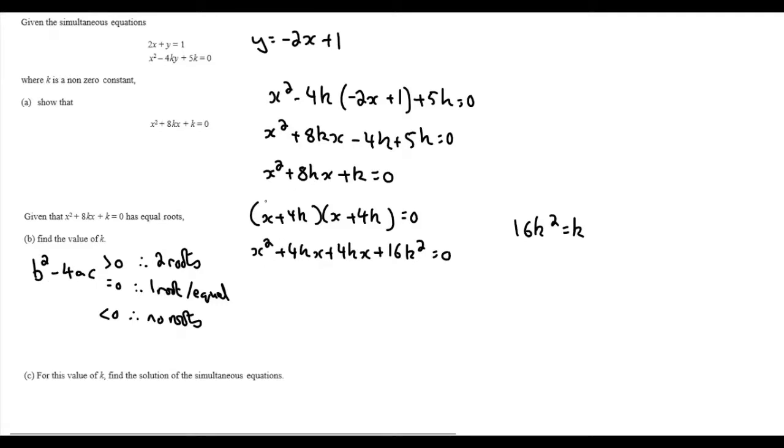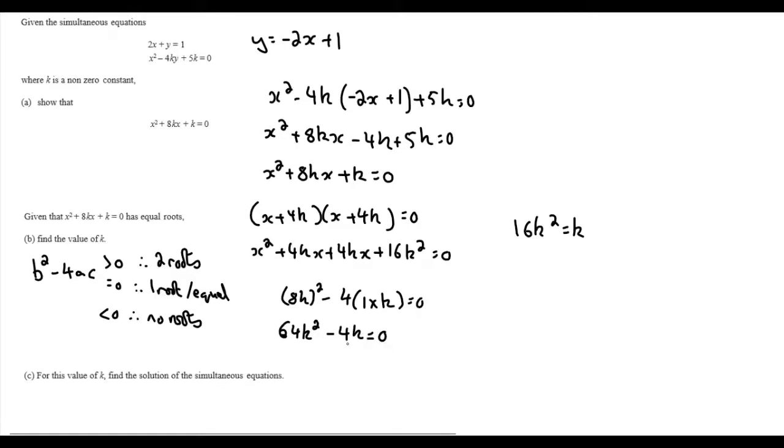So from this, the b is the 8k, so 8k squared, and minus 4 times the a is 1, and then your c is k, equals 0. This becomes 64k squared, and here's minus 4k equals 0.